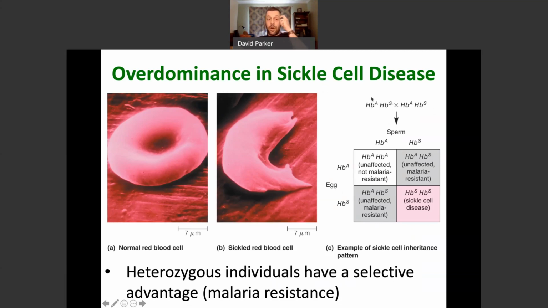And you're doing a cross with another heterozygote, so you get a classic Mendelian ratio: the homozygote dominant, the homozygote recessive, and the heterozygotes. Interestingly, in this case, you know that these 3, in terms of sickle cell disease, are going to be normal. These are not going to have sickled red blood cells.